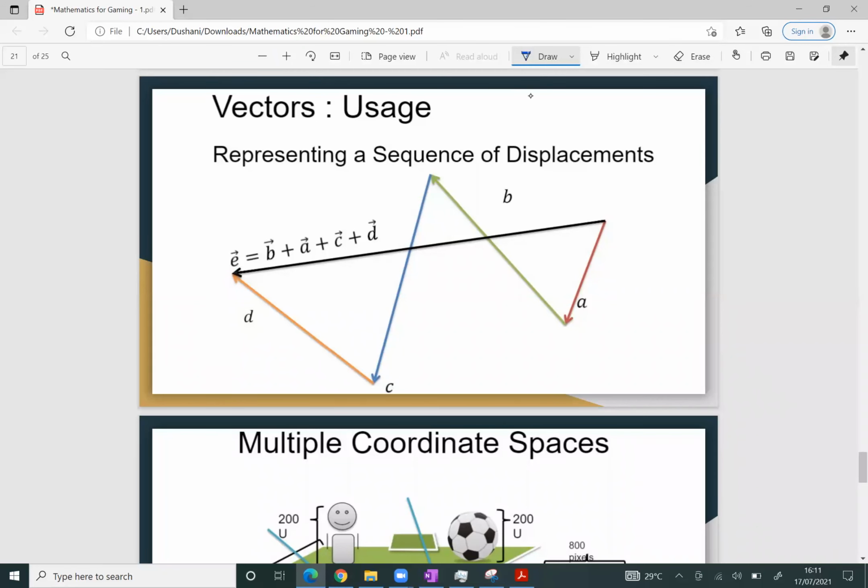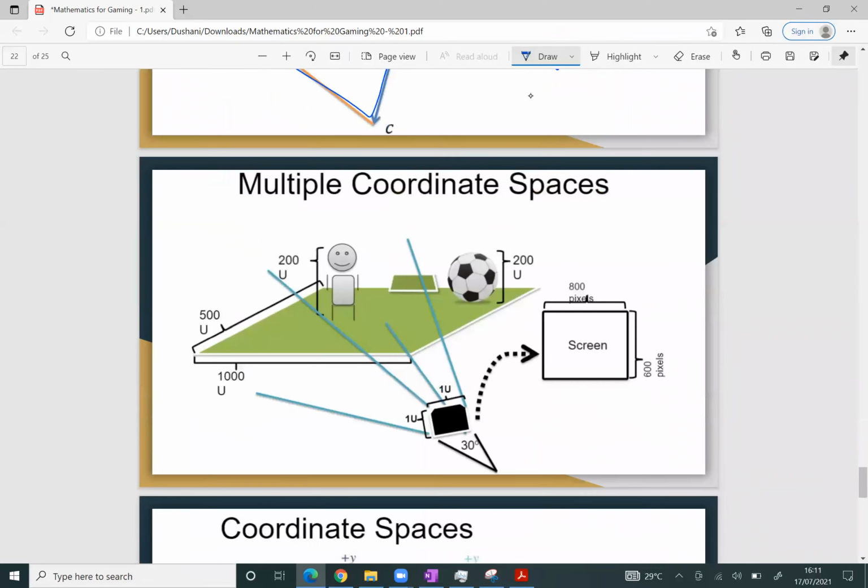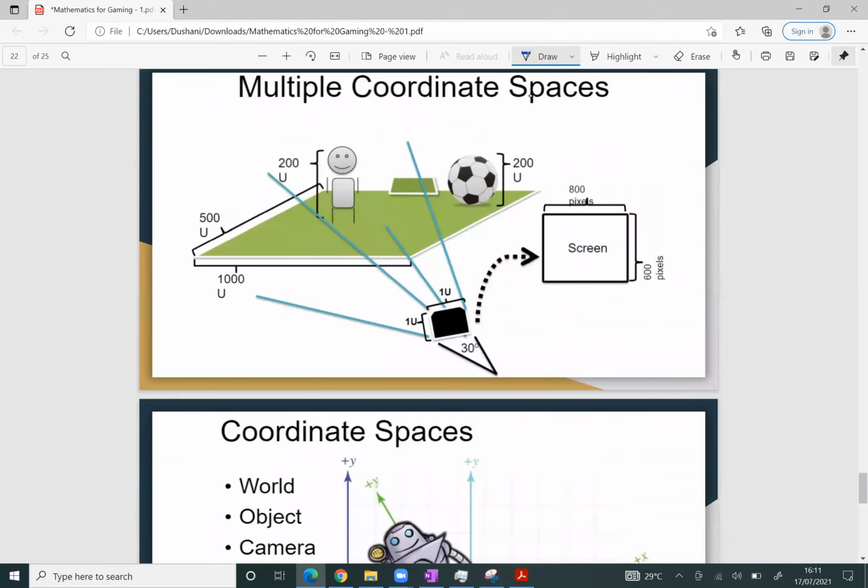Now let's come to usages of vectors. So we can represent a sequence of displacements using vectors. Say you started from here, you came all the way up until here. So that's the distance you traveled. Your displacement is the distance between this point and this point, the direct distance. So this displacement can be denoted using vectors.